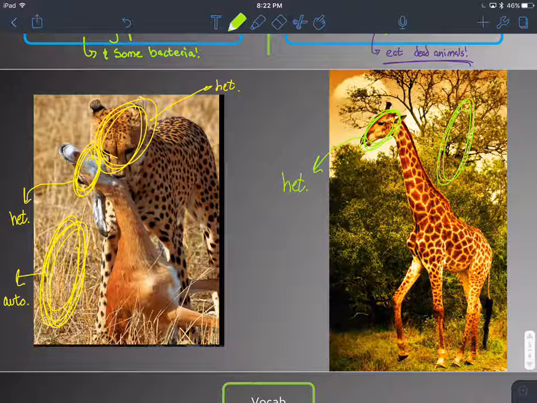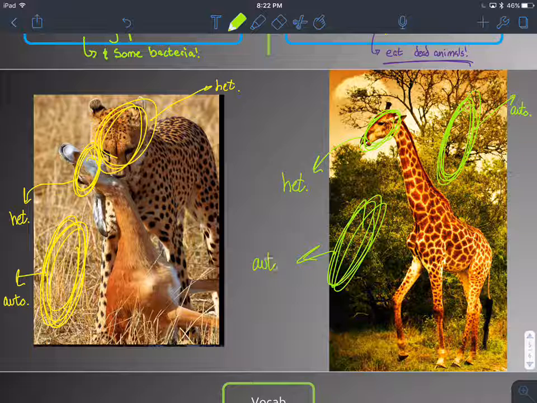At least generally speaking. So we have this tree here. We can say that this is an autotroph. We've got some shrubs down here. We can say that this is an autotroph. And we even have grass. Don't forget that grass obtains its energy from the sun. And it's also an autotroph.